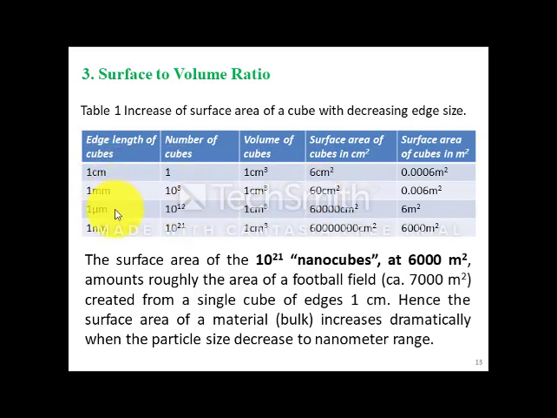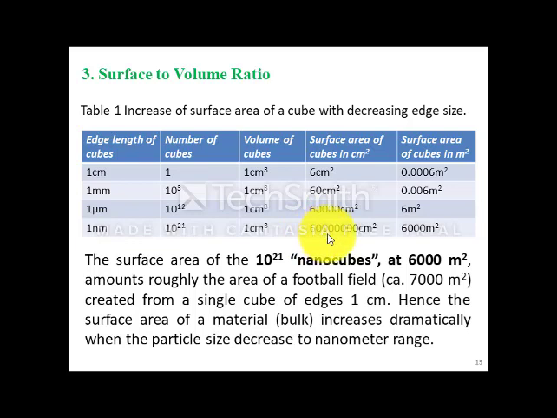Similarly, when we reach from millimeter to micrometer, the number of cubes becomes 10 raised to power 12. The overall volume remains the same, but the surface area increases. It becomes 60,000, so we need to multiply 6 with 10 raised to power 4. For 1 nanometer, we need to multiply 6 with 10 raised to power 7, because 1 centimeter is equal to 10 raised to power 7 nanometer.